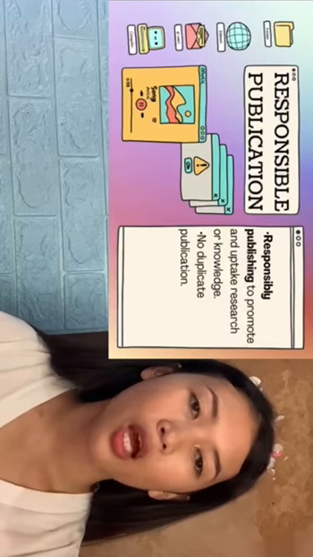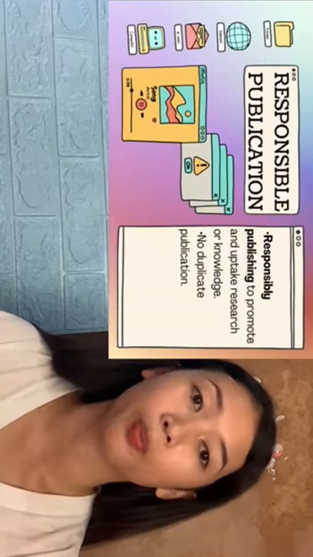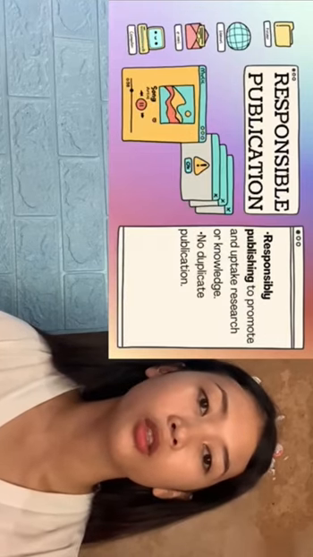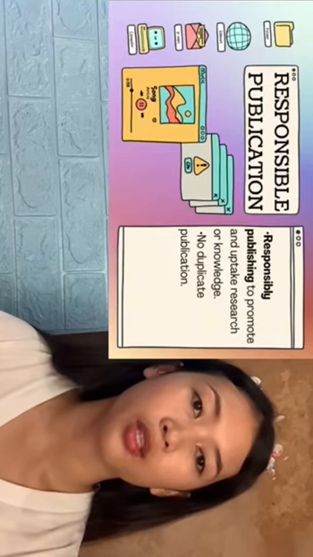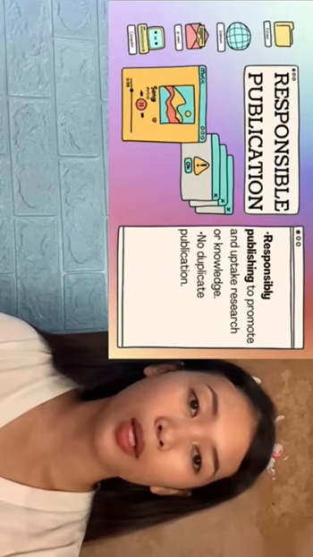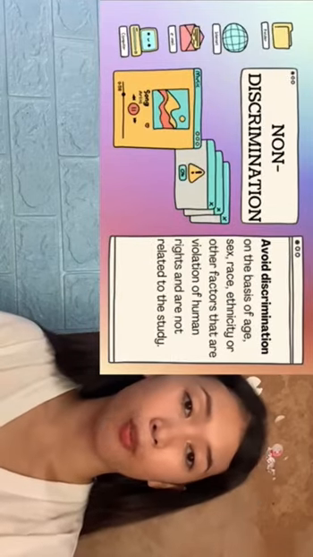Of course, there is no duplicate of the publication. We don't have to double the publication, and also no plagiarism at all, because we have to be responsible in publishing our research.